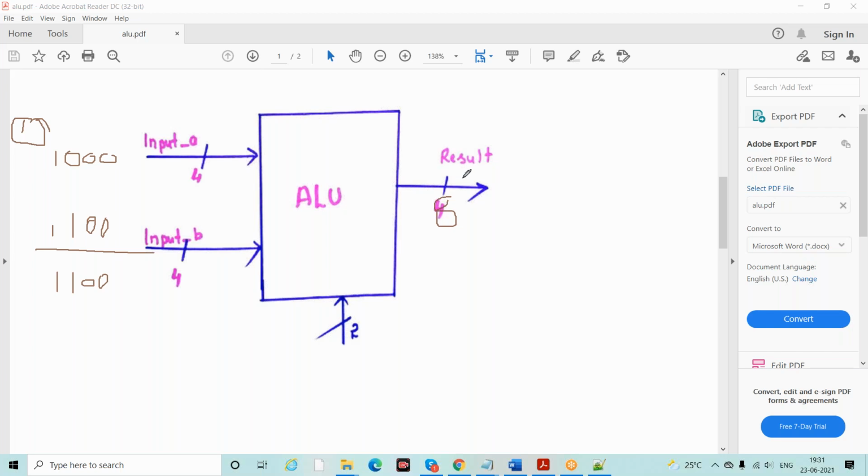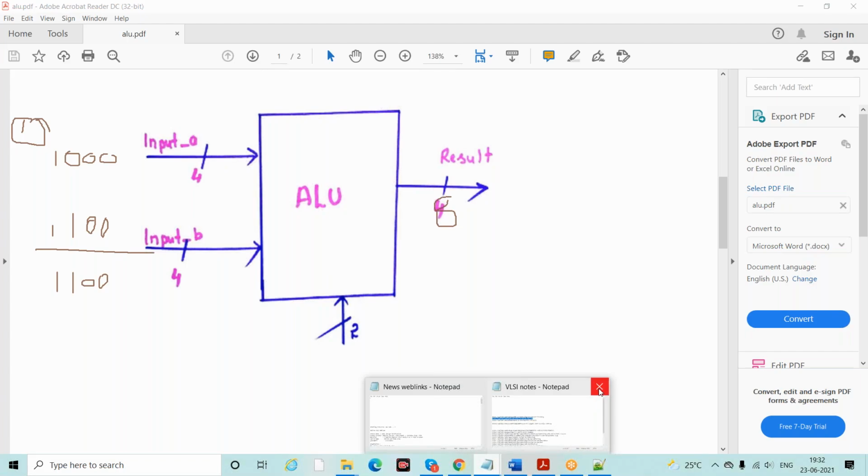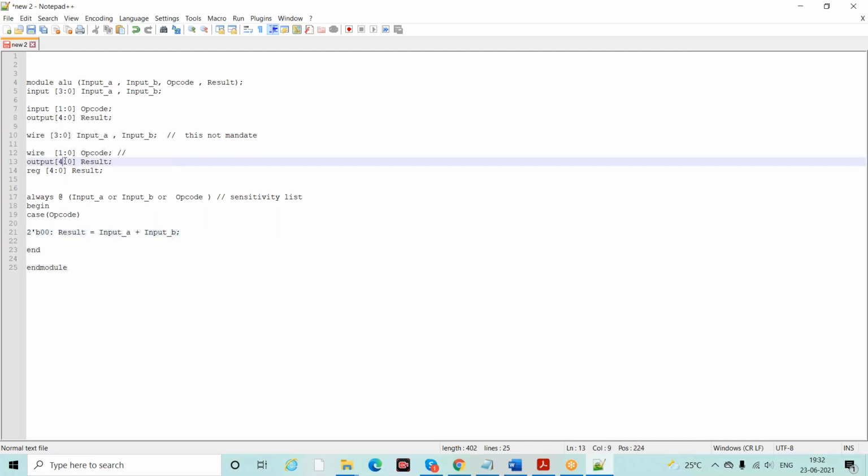I need to mention it here as 8, because in our opcode we use multiplication. When we multiply, the bits increase. So the total number of bits we require here is 8. So I need to change it now in the programming also. Eight.